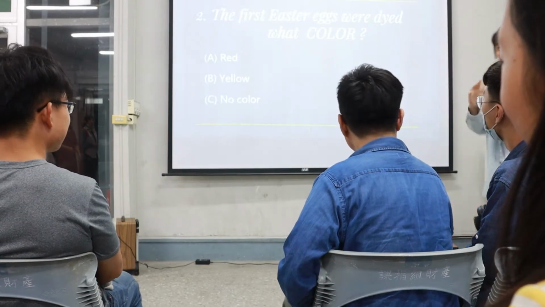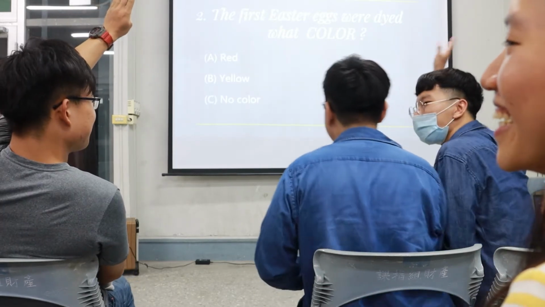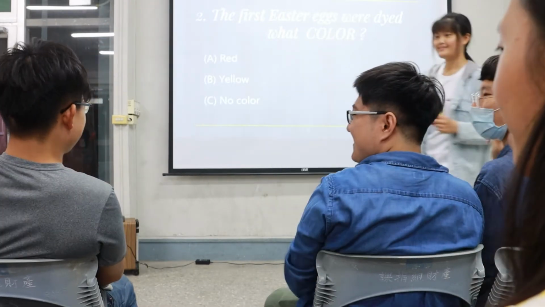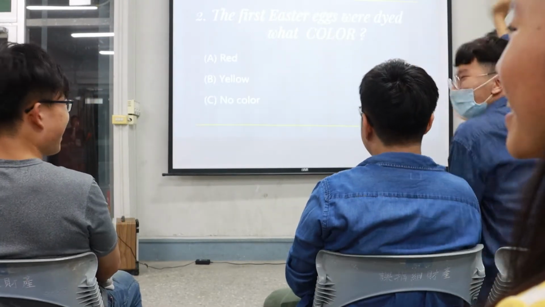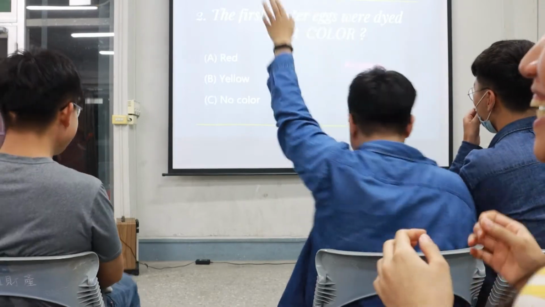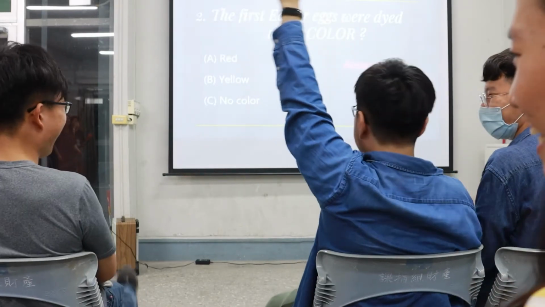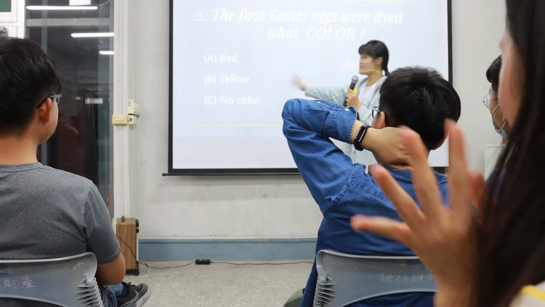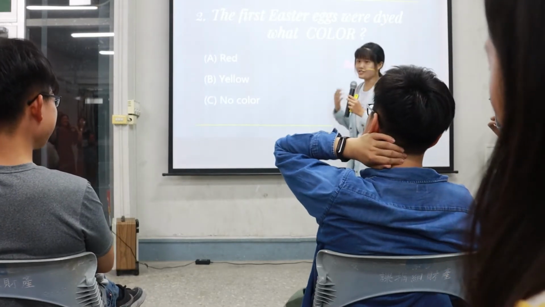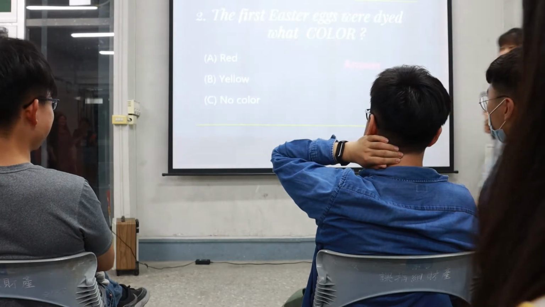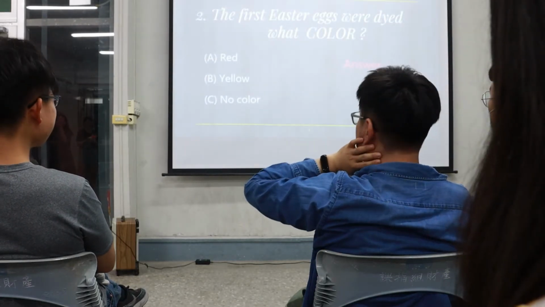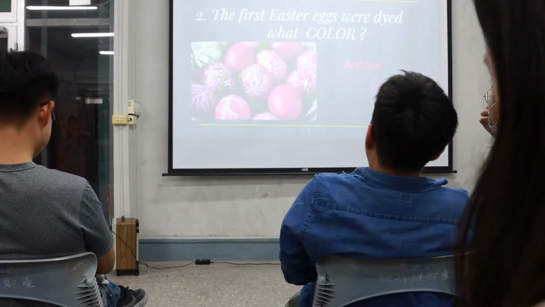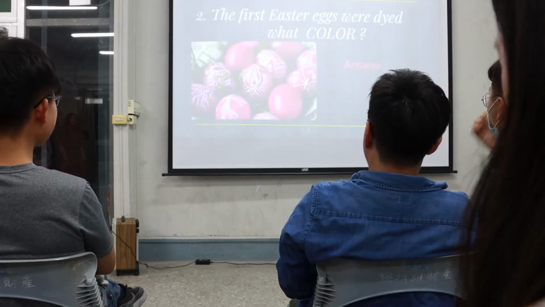Yeah. 1, 2, 3. Okay, here. No color. No color? No! Actually, the option C is the trap I designed for you. Okay, come to the next question. Yeah, it's a red egg.